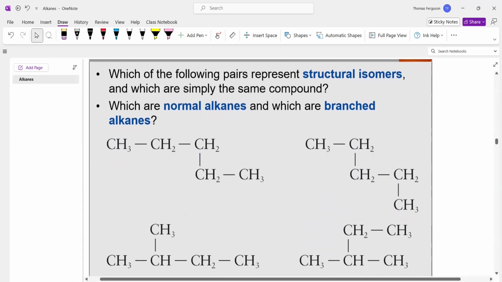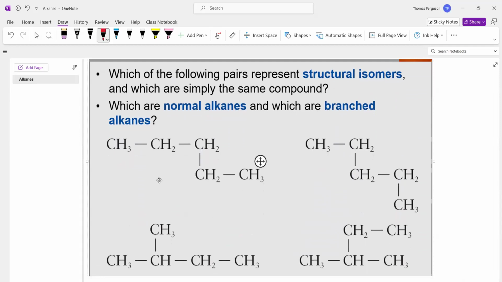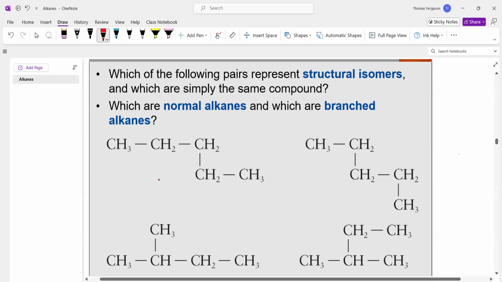Now, this is something that gives students a lot of trouble in the beginning. These all have 5 carbons, but some of them are the same and some of them are different. How do you tell which is different and which is the same? You're going to be doing what I'm going to do right now zillions of times throughout the quarter.